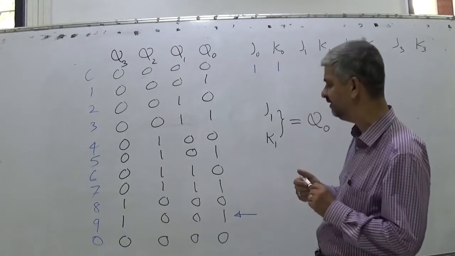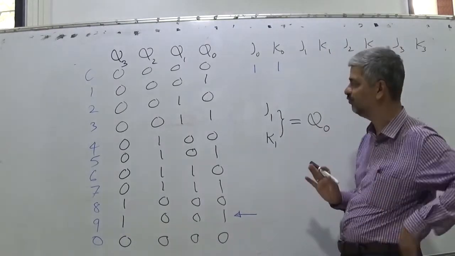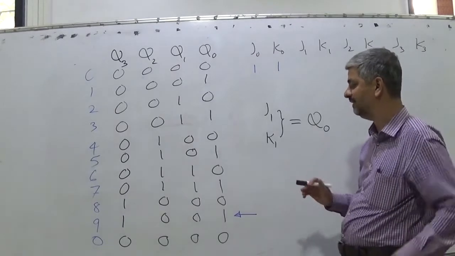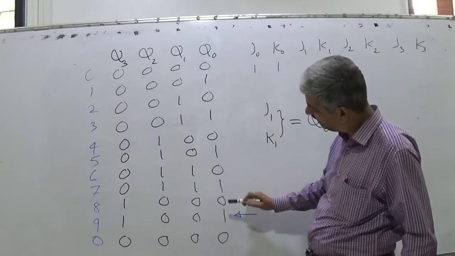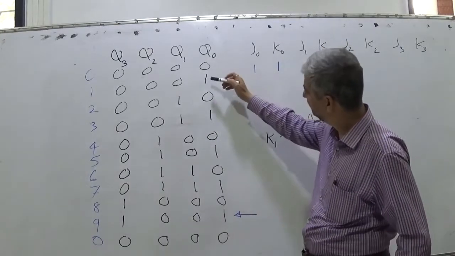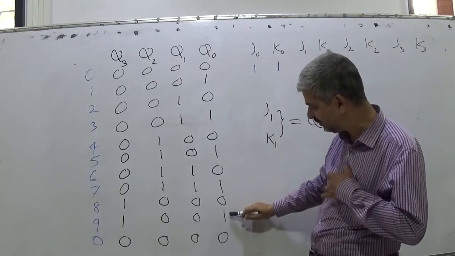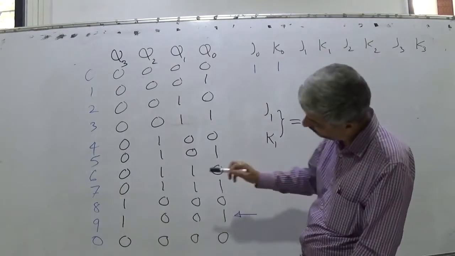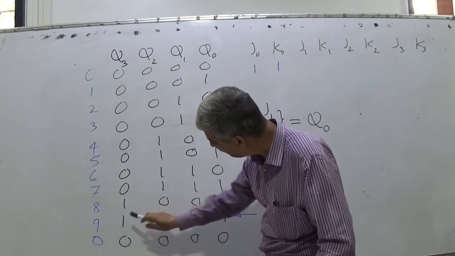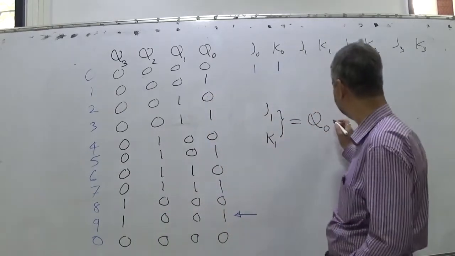J1, K1 should be Q0. When Q0 is 0, they should be 0. When Q0 is 1, it should be 1 in all cases, since toggling is expected. But when Q0 is 1 and these are 1, 0, 0, for this case it should be 0.